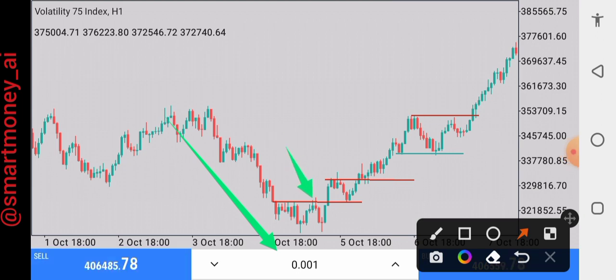And don't forget, that high that price broke is a resistance. So all I did was to take a straight line and mark this resistance that price has broken. Price came back to it, I took my buy, and then my target was at the top here, and then boom, price did what?